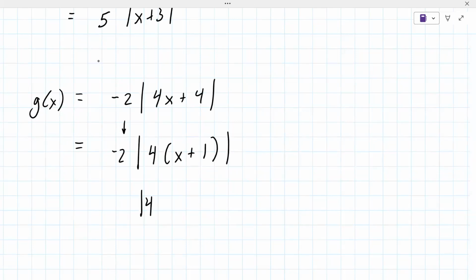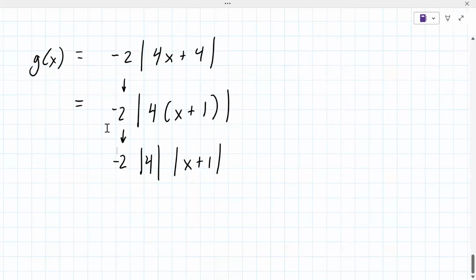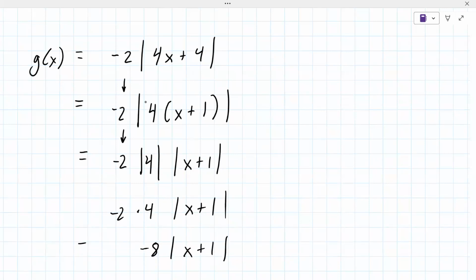And then it's the absolute value of 4, absolute value of x plus 1. See how I can just keep bringing this -2 down? But what is the absolute value of 4? 4. So this is -2 times 4, which is -8. So then you get -8 and the x plus 1. Right. Got it. And then you get your piecewise function. Let's say I had a -3 on the outside, it just keeps coming down.